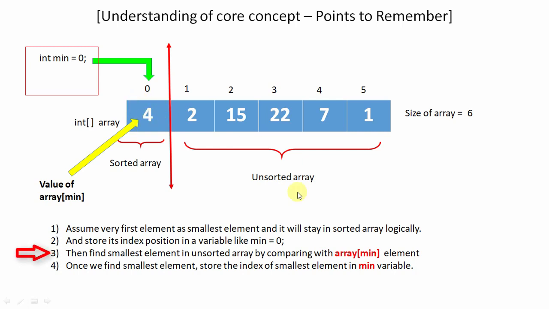So the third point is saying find the smallest element in the unsorted array by comparing with array[min]. That means we have to compare with the very first element. In the fourth point, once we find any smaller element in the unsorted array, we have to store its index immediately inside the min variable.